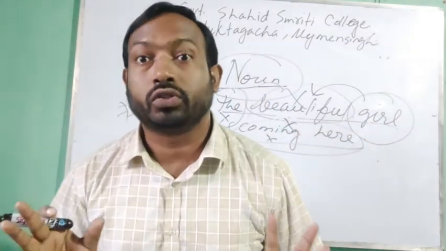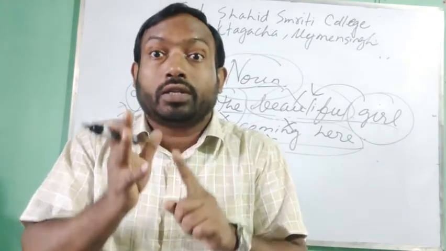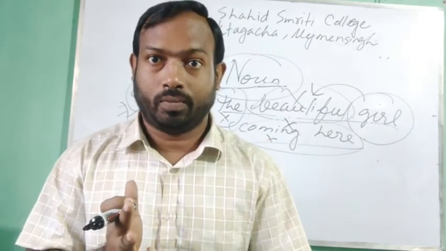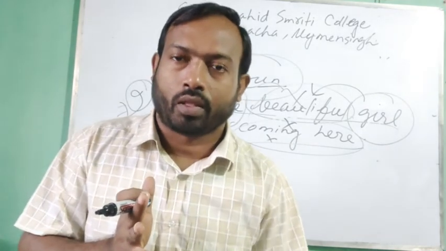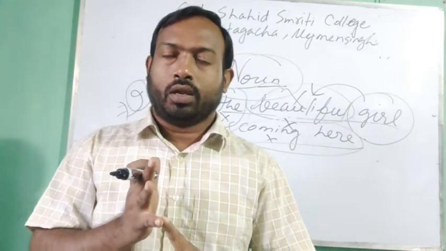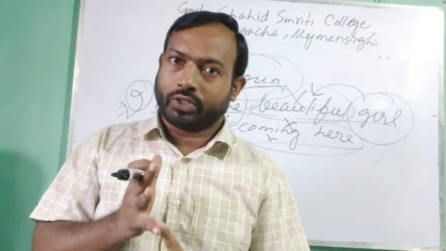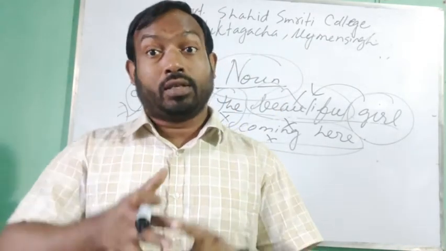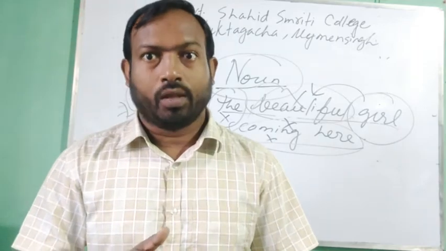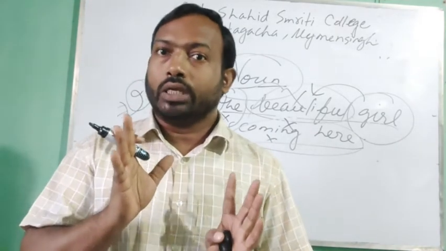This is also a noun phrase. So if we find just 2 of the 4 constituents of a noun phrase, this is a noun phrase. So a noun phrase may have 4 constituents, 3 constituents, or sometimes at least 2 constituents. I hope you are clear.